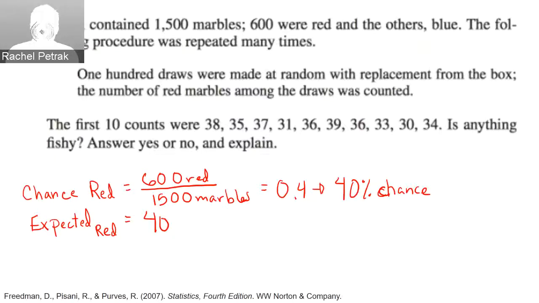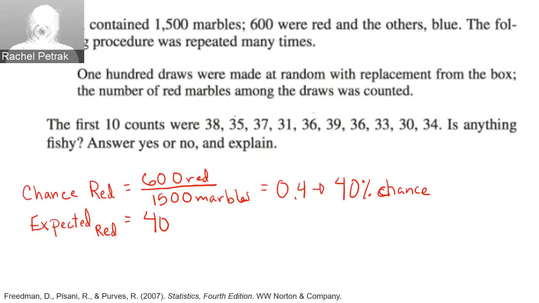And the chance of getting 39 or fewer is about 50% or a little less. So if all 10 counts are below 40, this has an extremely small event probability.